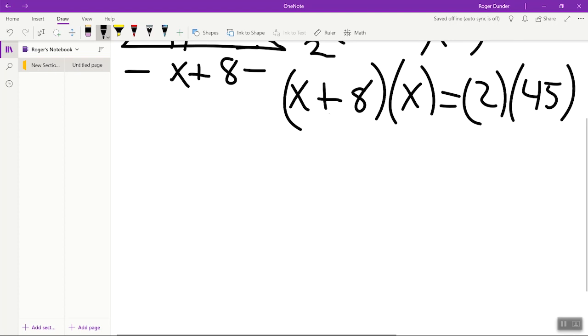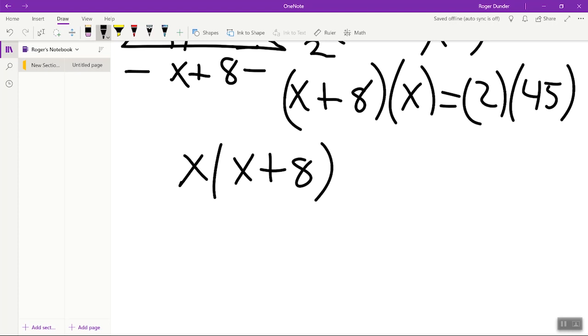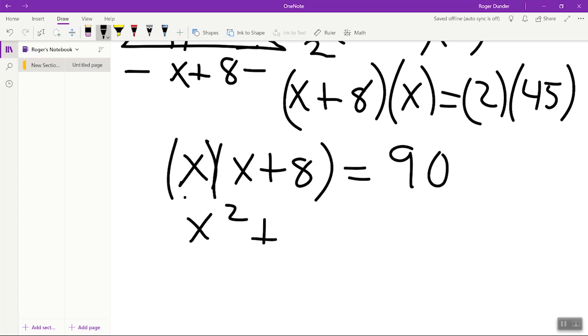So on the left we have x times, I prefer to show it this way, x plus 8, equals 2 times 45 is 90. So let's multiply out the left. x times x is x squared, plus x times 8 is 8x is equal to 90.